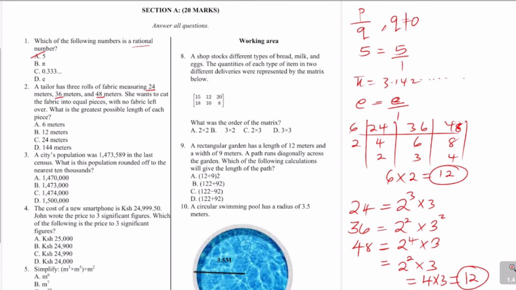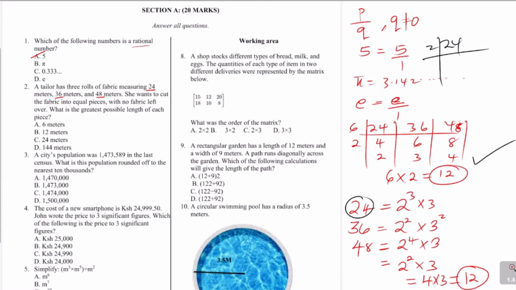So you can decide to use the simplest one, which is here, or you can decide to use the factor method, whereby you express each of these numbers in power form as a product of its prime factors. I know you know how to express 24. How do you do that? Just take you through 24.